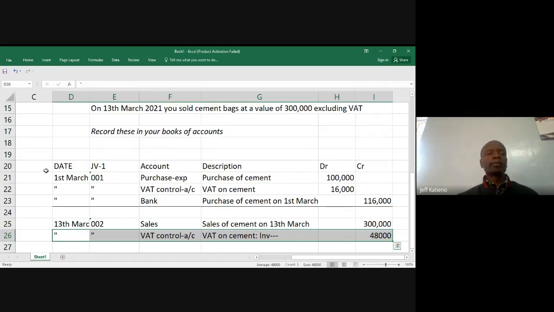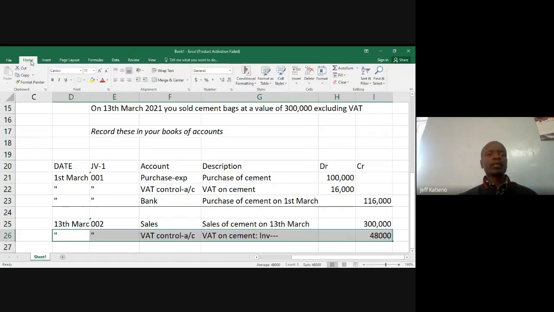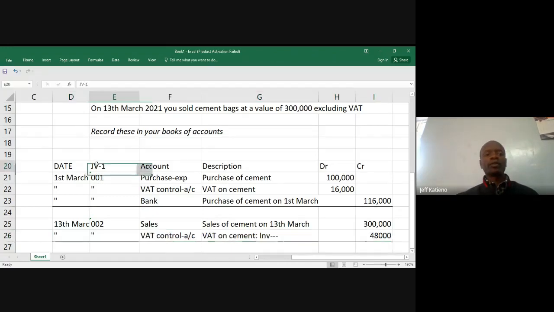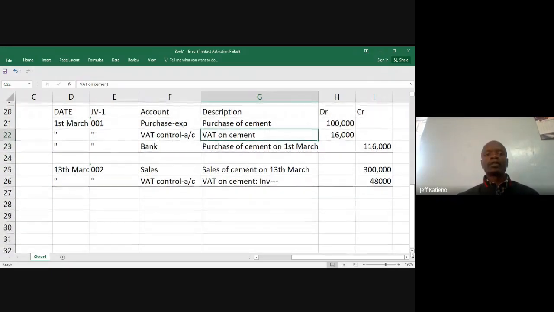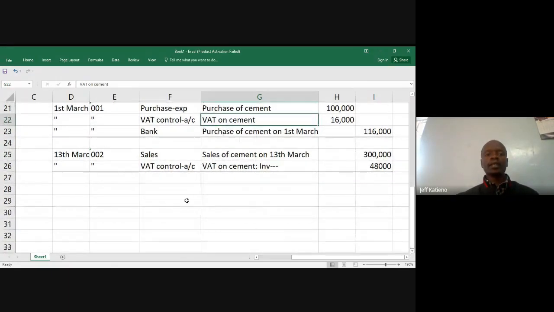Now I want to insist that you do this if you are VAT registered. If you are not VAT registered, then of course your entries will not include the VAT account. So when you come to the ledger for VAT, it will look like this. Let me say this is the VAT control ledger account.